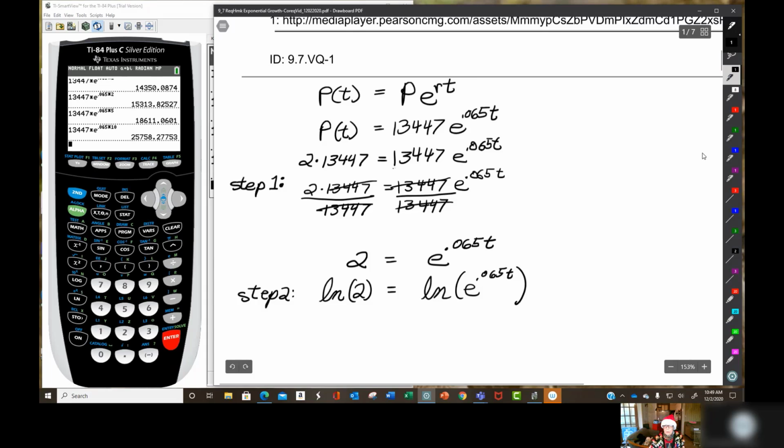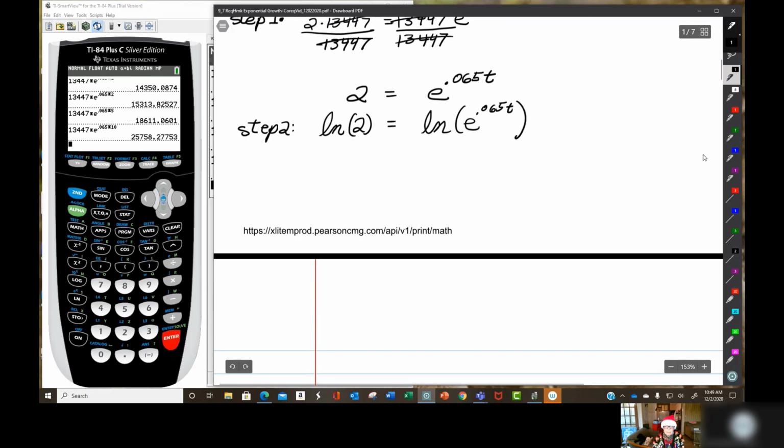Okay, so we're going to have the ln of 2, and that could be step 3. Let me think about it. I'm going to move the exponent down. That was the whole reason for taking the log of both sides.